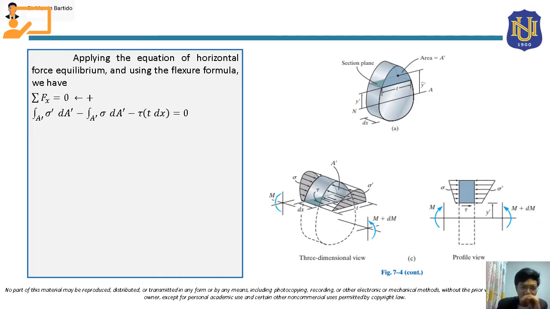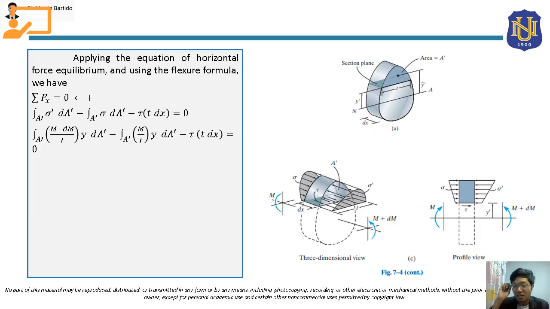So from here, class, if you are going to simplify this, take note of this stress sigma prime. This is a compressive stress, and this compressive stress comes from the bending stress.